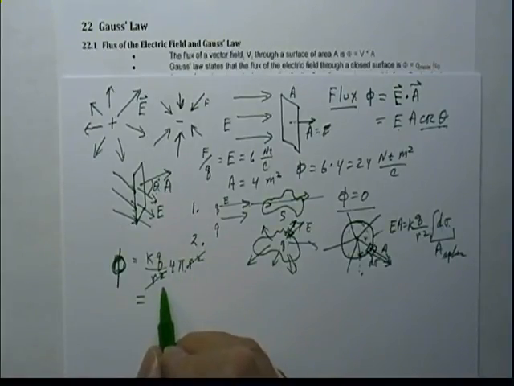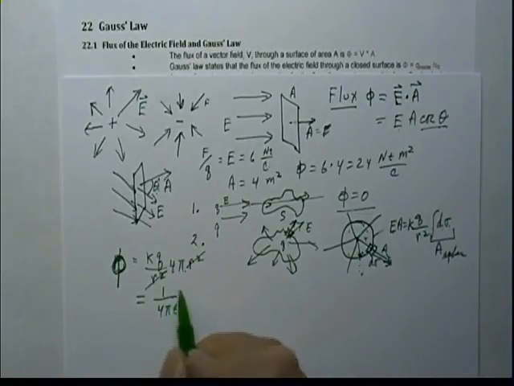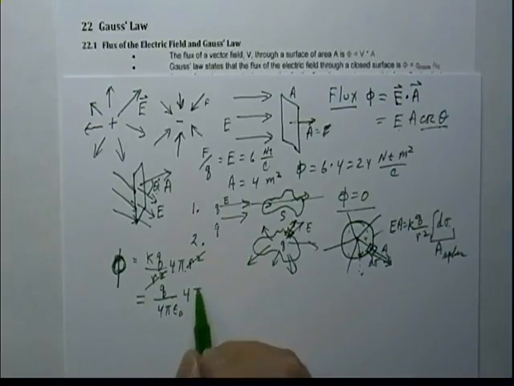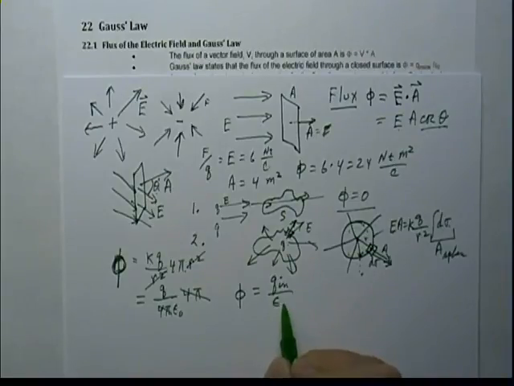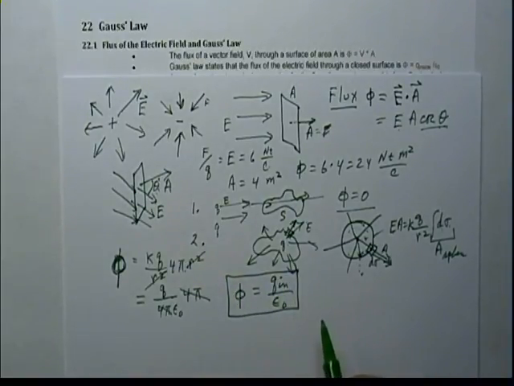But you recall that K is 1 over 4 pi epsilon naught. I'll put the charge up here on top, times 4 pi. And in this form, the 4 pi cancels the 4 pi, and we can see that the flux through a sphere is equal to Q that's inside divided by epsilon naught, which is the permittivity of free space.